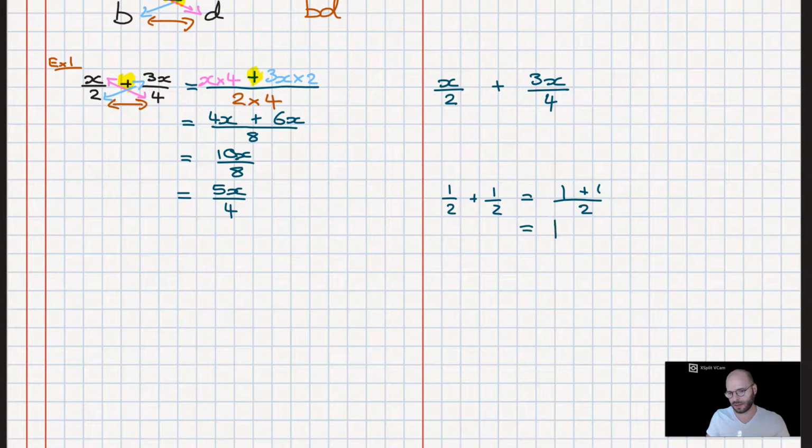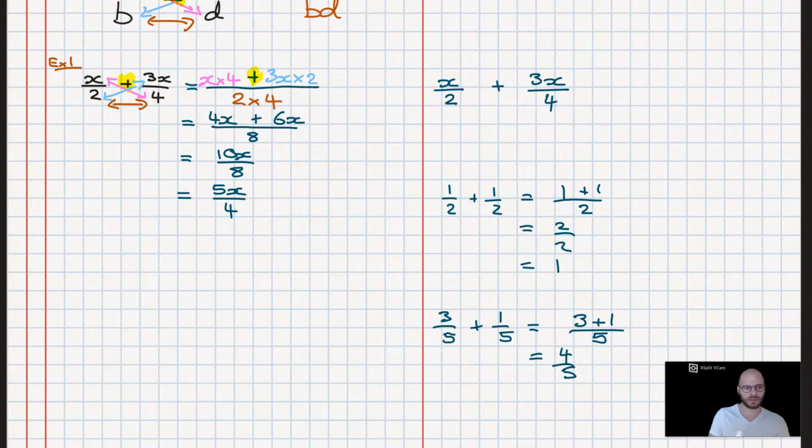So a half plus a half is simply equal to 1, or it's equal to 2 over 2, which is the same as writing 1. Similarly, if you had something like 3/5 plus 1/5, you can simply add them together and go 3 plus 1 all over 5 is equal to 4/5.